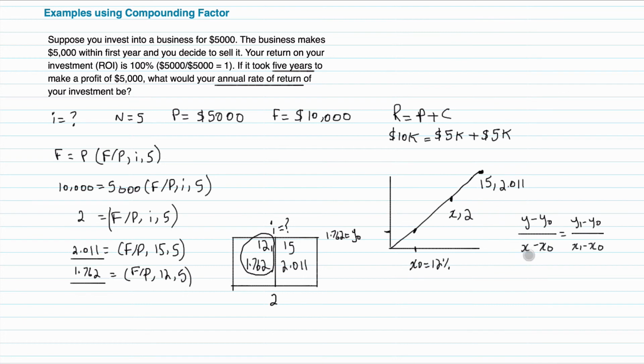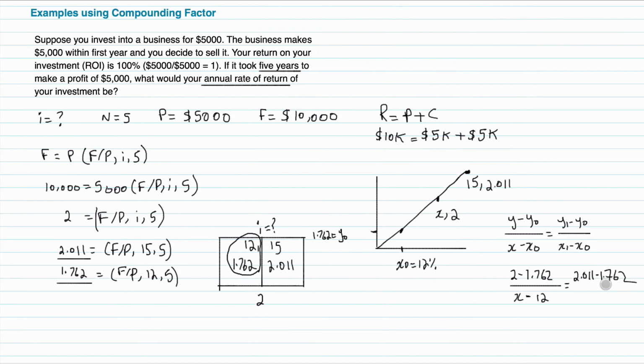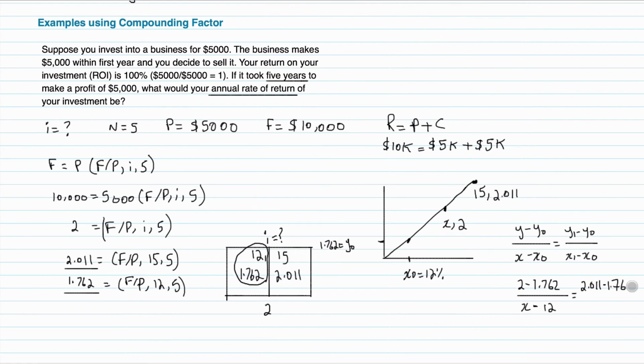And if we plug in all our values, what we get is y is 2 minus y naught, which is 1.762, divided by x, which we don't know, we're trying to find x, minus x naught, which is 12%, and we equate it to y1 minus y naught. y1 is 2.011 minus y naught, which is 1.762, divided by x1 minus x naught, which is 15 minus 12.